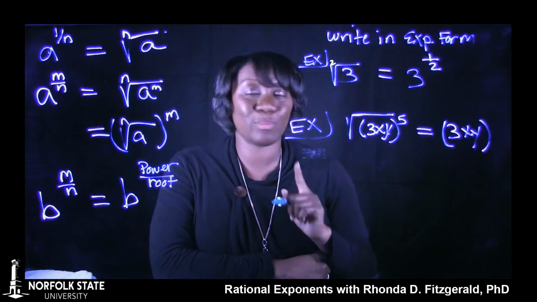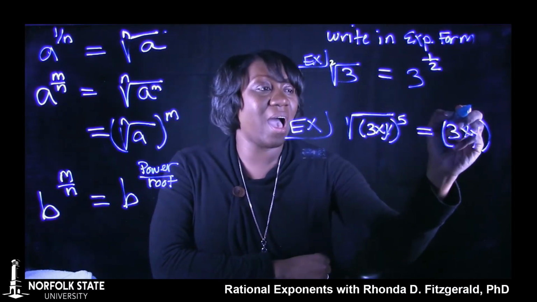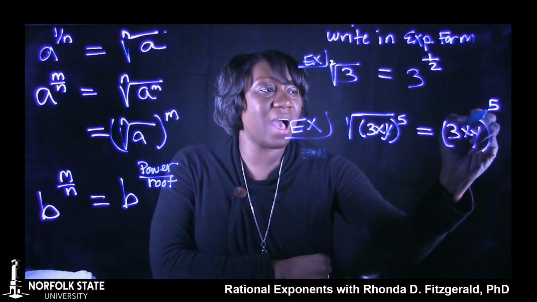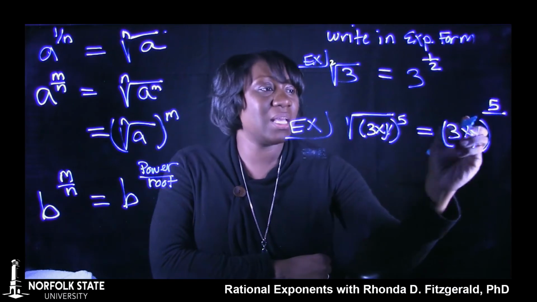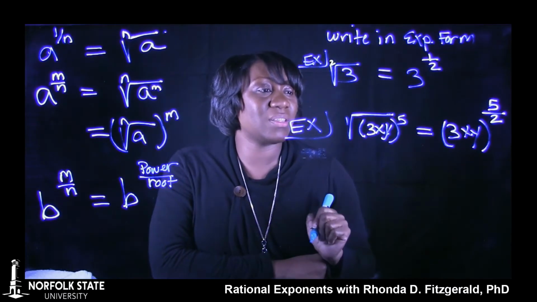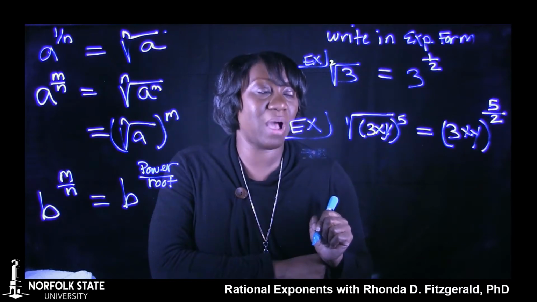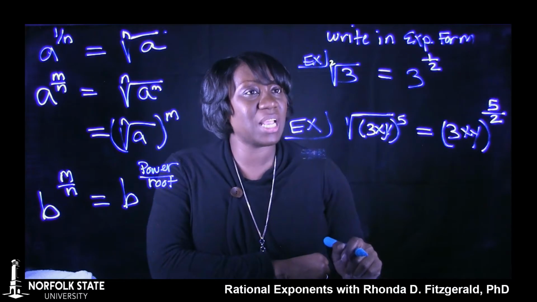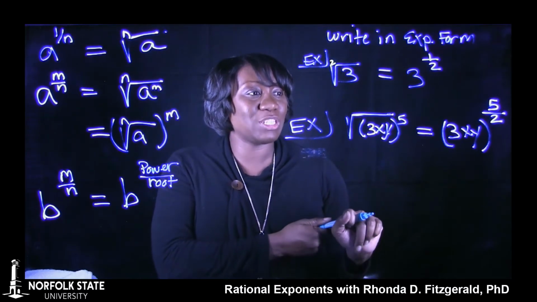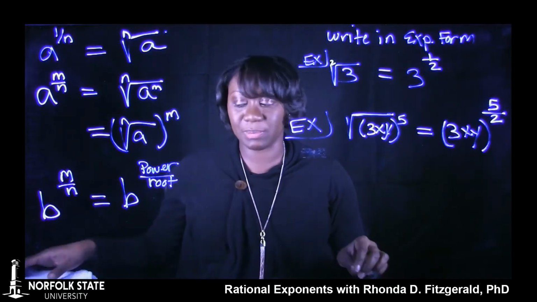My power, remember the power is my numerator, so the power is 5, and the root goes in the bottom. My root is 2. So that's 3xy raised to the 5/2 power. Remember, power over root. That's changing from radical form and putting it in exponential form.